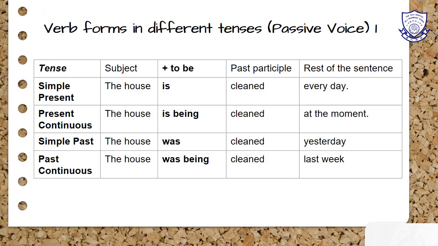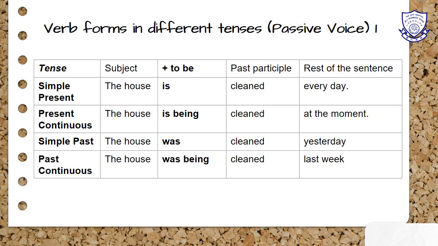And here is the verb table showing the verb forms in different tenses when we write sentences in the passive voice. You should see that only the words about the tense and about to be are bold. The reason is that it is the most difficult part when students learn to write sentences in the passive voice.